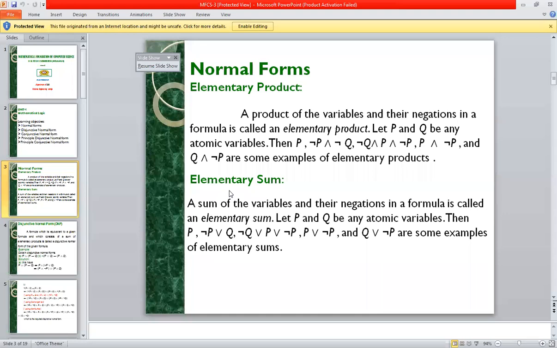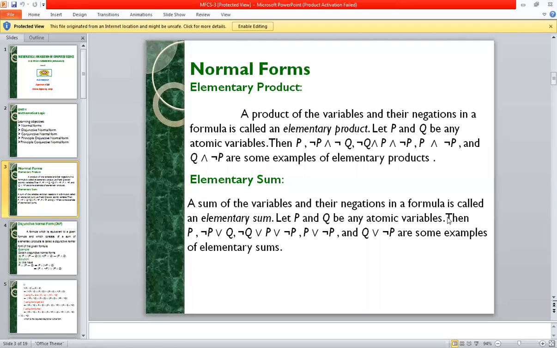Another definition: elementary sum. A sum of the variables and their negations in a formula is called an elementary sum.